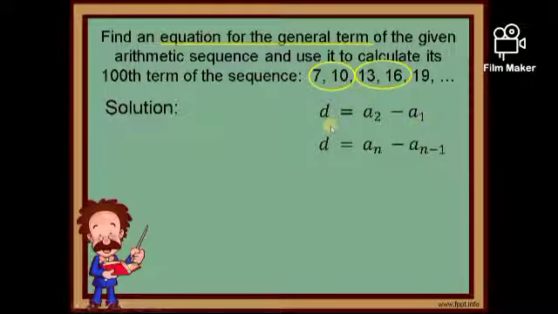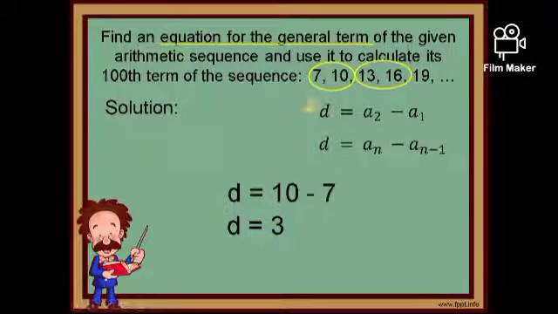In general, we can solve for the common difference by using the formula a sub n minus a sub n minus 1. So in our case, we will use the second term 10 minus the first term 7. So 10 minus 7 will give us 3. So the common difference is 3.